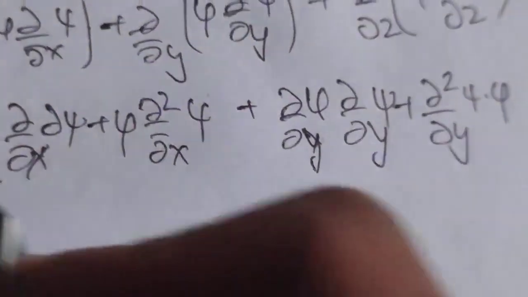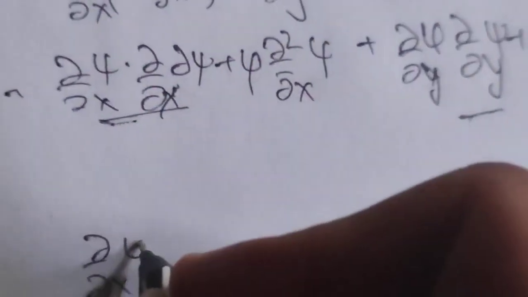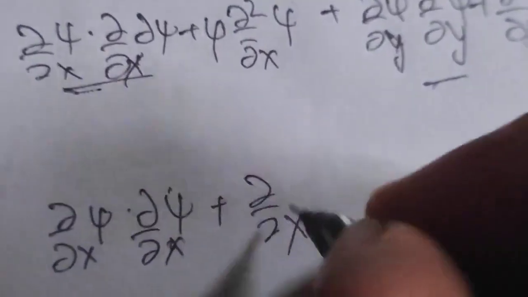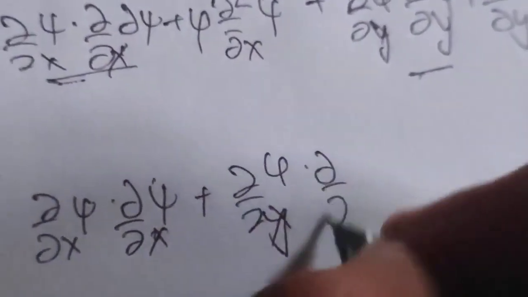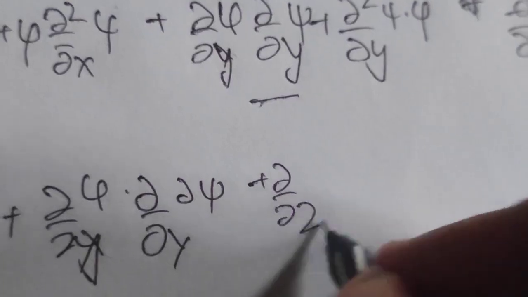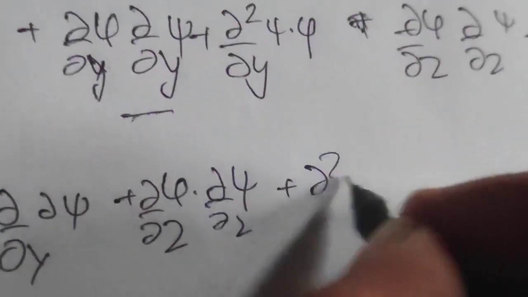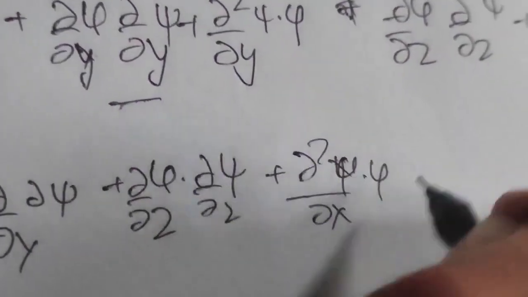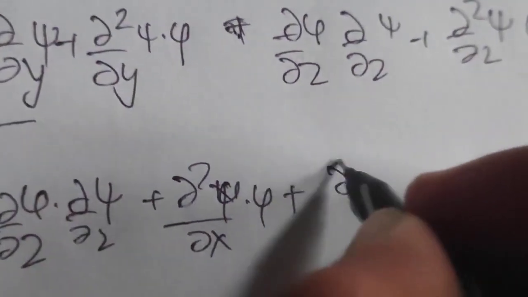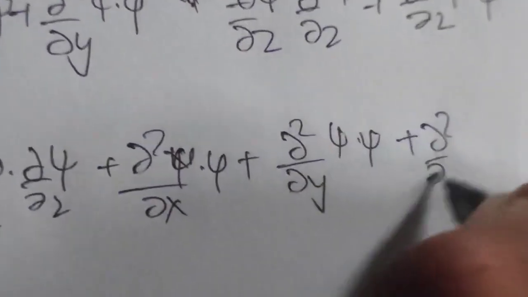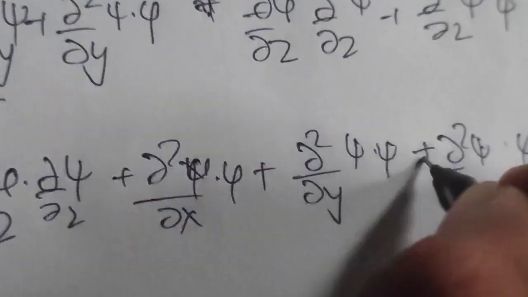Now take all of this together: it becomes del phi by del x del psi by del x plus del phi by del y del psi by del y plus del phi by del z del psi by del z, plus phi times del squared psi by del x squared plus del squared psi by del y squared plus del squared psi by del z squared.